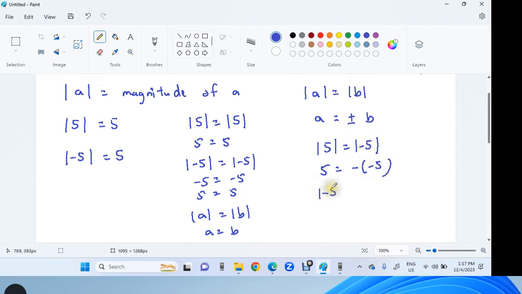If I have modulus of -5 equal to modulus 5, then the -5 is the negative of the one behind. So this one is A equal to -B. So we have two cases: one, A equal to B, the other one, A equal to -B.